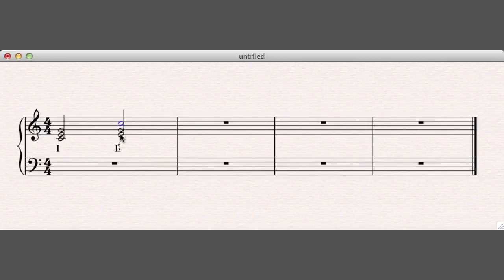Let me then repeat this and shift that up there. Now we have the fifth in the bass, and we see that we have a 6 between the lowest note and the highest note of the chord, and a 4. So this is actually what we call a 6/4 chord.